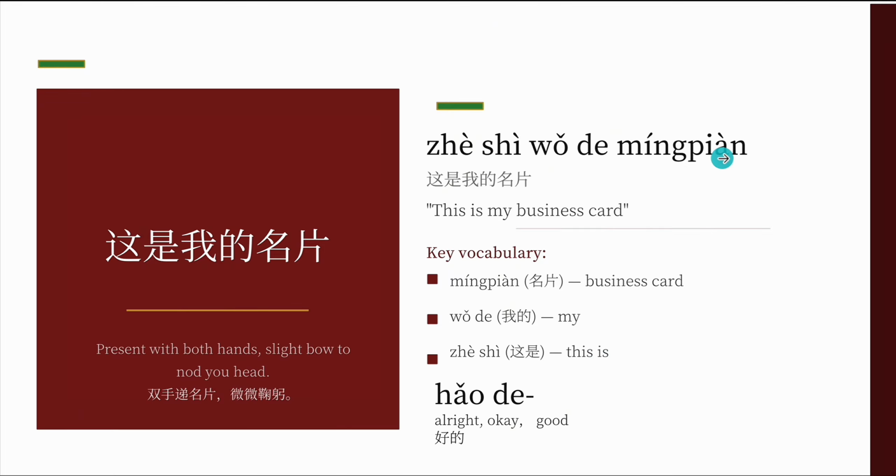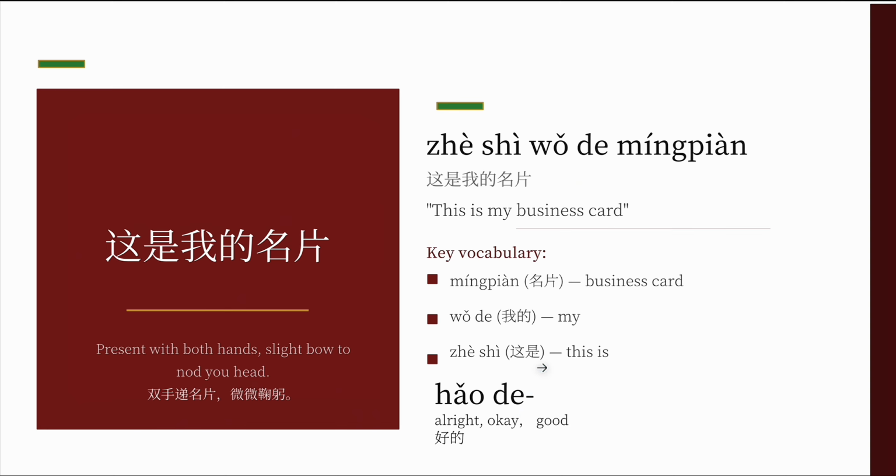这是我的名片. So when you are presenting your card with both of your hands, you say 这是我的名片. Can you take it? Again. 这是我的名片. 好，非常好. Here, 好的. Alright, good. 好的 is the same with 好. 好的, that's the same thing.